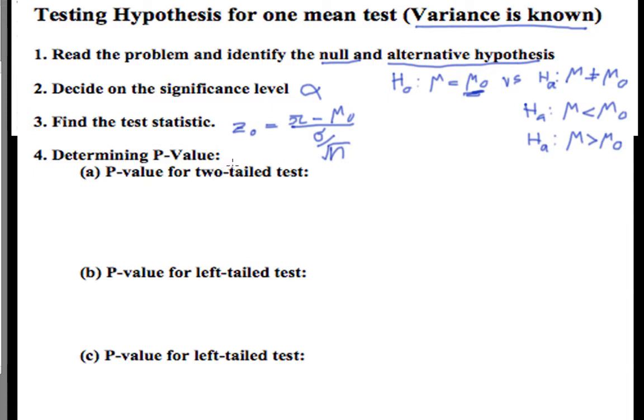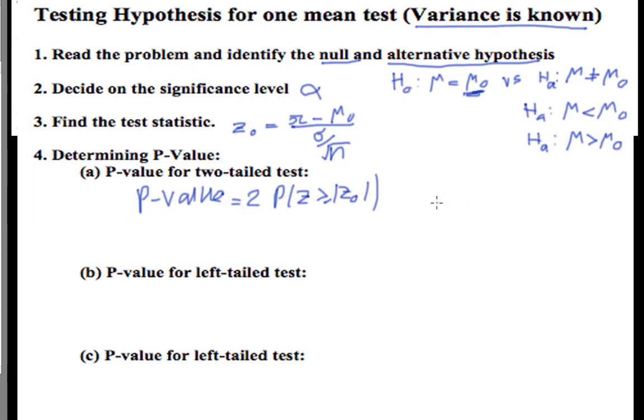Then we find the p-value. So p-value depends on the alternative hypothesis. So part A, p-value for two-tail test. P-value equal 2 times probability z greater than or equal to absolute value of z naught.